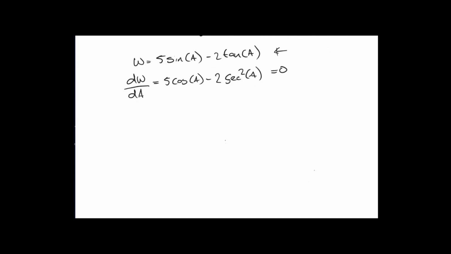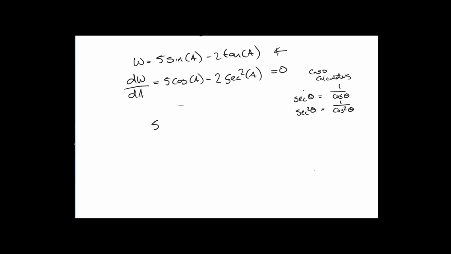Now it's going to be nasty when we come to do that, because the Casio calculators don't like secant squared. But knowing that secant of theta is 1 over cosine of theta, therefore secant squared of theta is 1 over cosine squared of theta. Let's bring this one across and collect up all of these cosines.